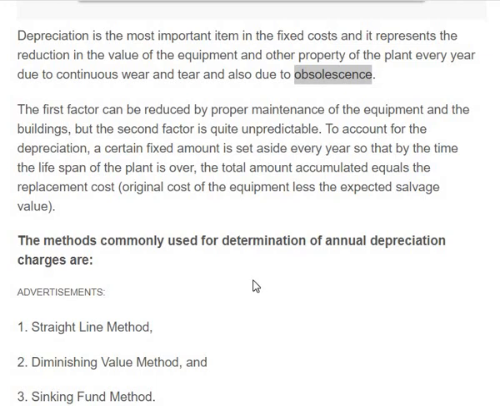The first factor can be reduced by proper maintenance of the equipment and the building, but the second factor, obsolescence, is quite unpredictable.